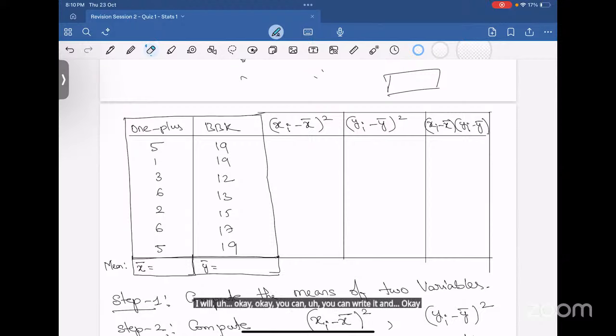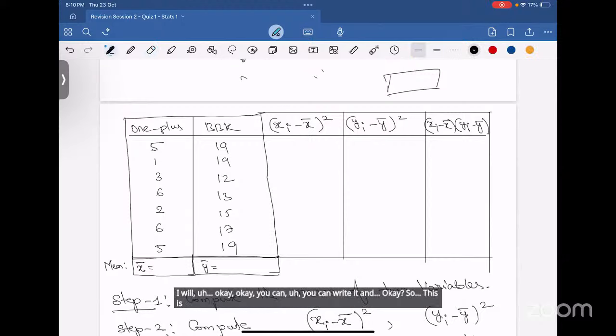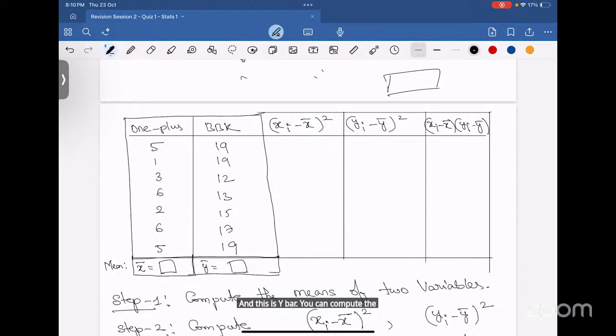Okay, so this is the x bar and this is y bar. You can compute the values. Then this is like 5 minus x bar whole square value, you write it here. Then this will be 19 minus y bar whole square value, you write it here. And then 5 minus x bar into 19 minus y bar, you write it here.